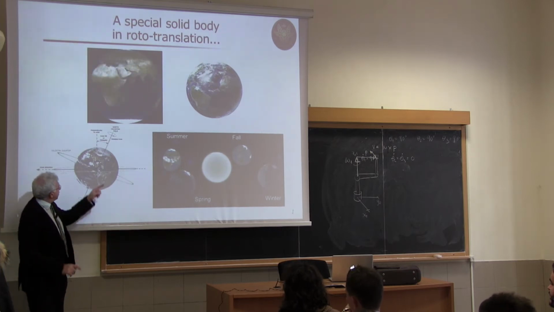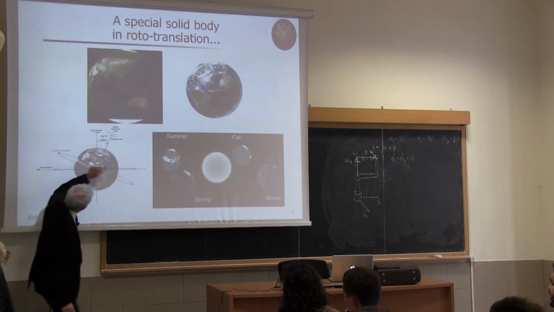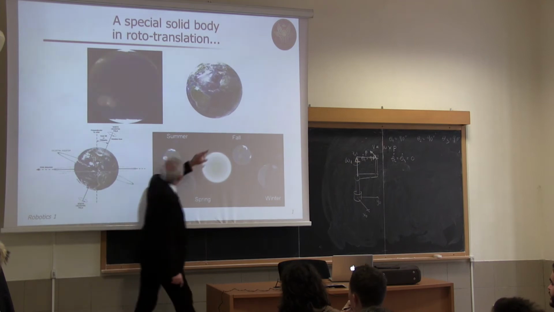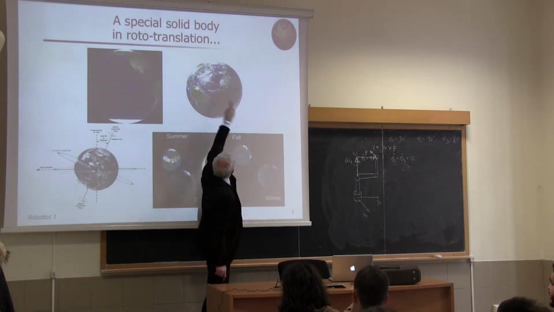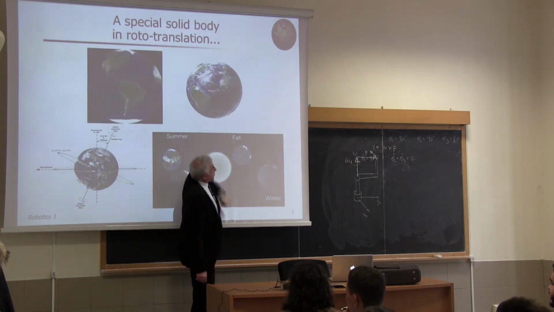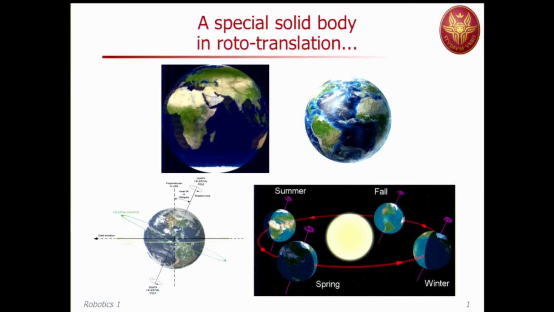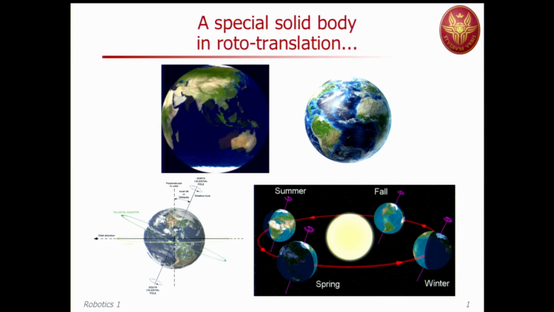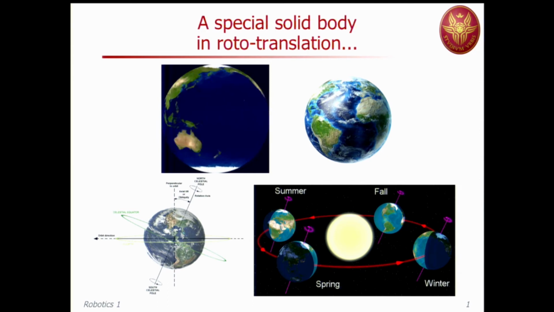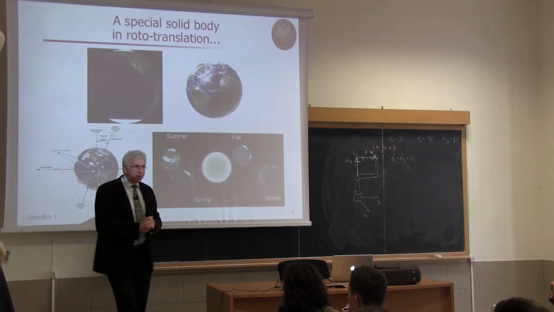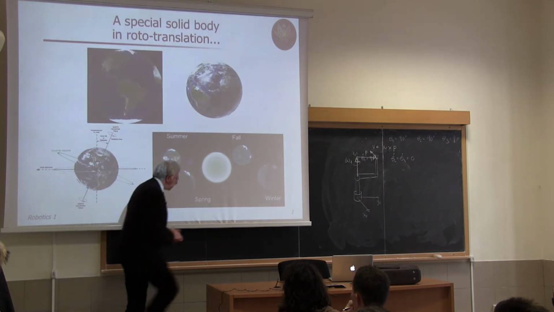But if you live in Rome, I take this picture from Rome, or if you live in Rio de Janeiro, or on the equator, then the linear velocity of objects there is quite large. Why?